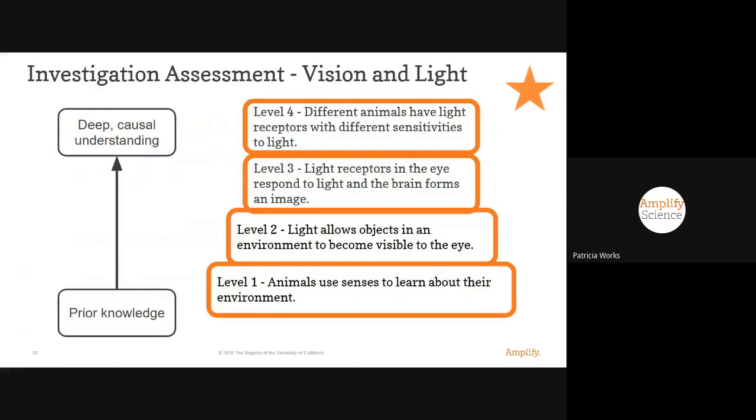Vision and Light holds the fourth grade investigation assessment. Actually, in lessons 5.1 and 5.2 of Vision and Light, students collaboratively plan an investigation of human senses. Students explore one of their own senses in order to understand how humans use their sensory structures to help gather information about their environment.